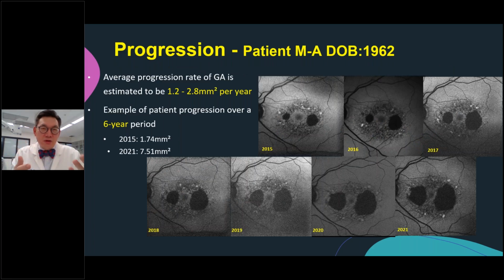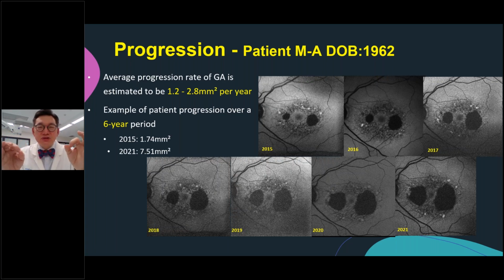This technology can allow us to assess progression. So this patient, MA, has been followed every year since 2015 to this year, and you can see that black patch seems to be getting larger each year.